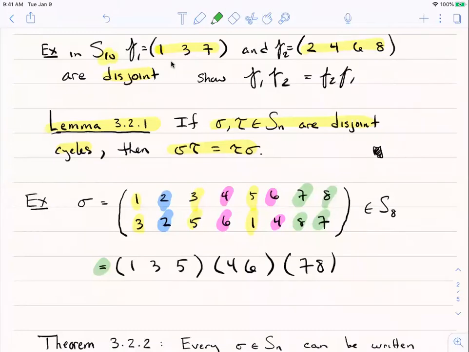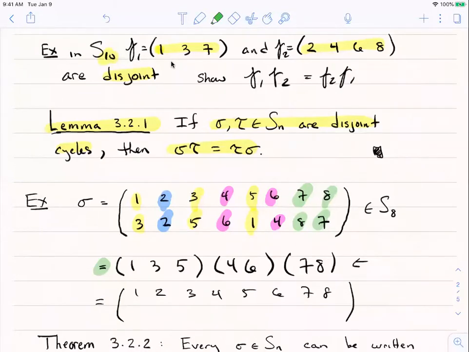And just to convince you that it works, let me try to write out the array down here. Let me write the numbers 1, 2, 3, 4, 5, 6, 7, and 8 in order. And then one at a time, let me compute, always going right to left, yeah? So let's see what this thing does to 1. You've got to be looking with me over here.